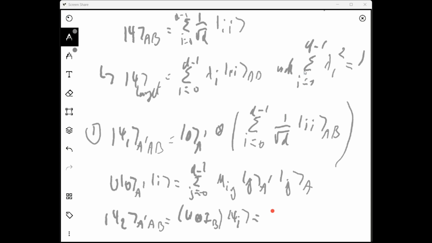So it's just equal to the sum of g equals 0 to g minus 1 of |g⟩_A prime, tensor the sum of i equals 0 to g minus 1 of M_gi square root of lambda_i |g i⟩_AB.